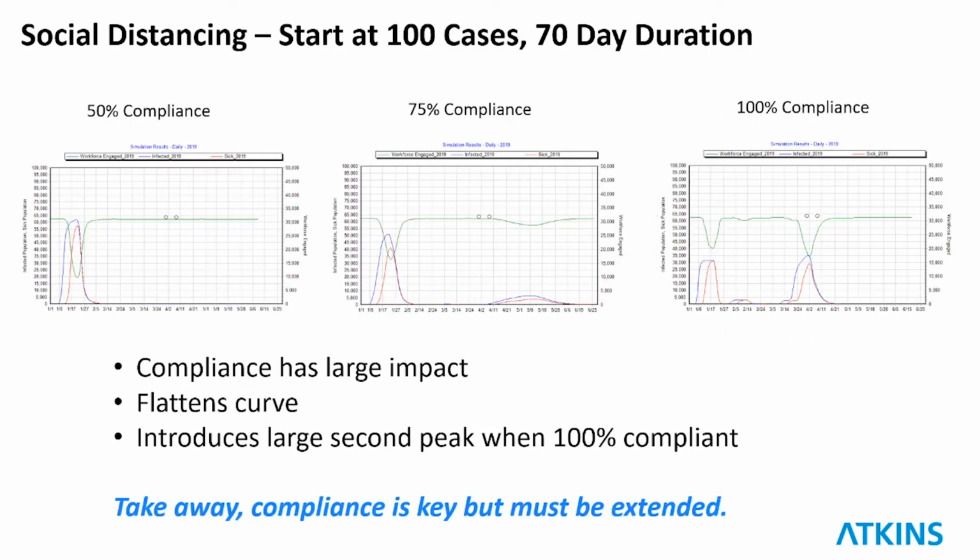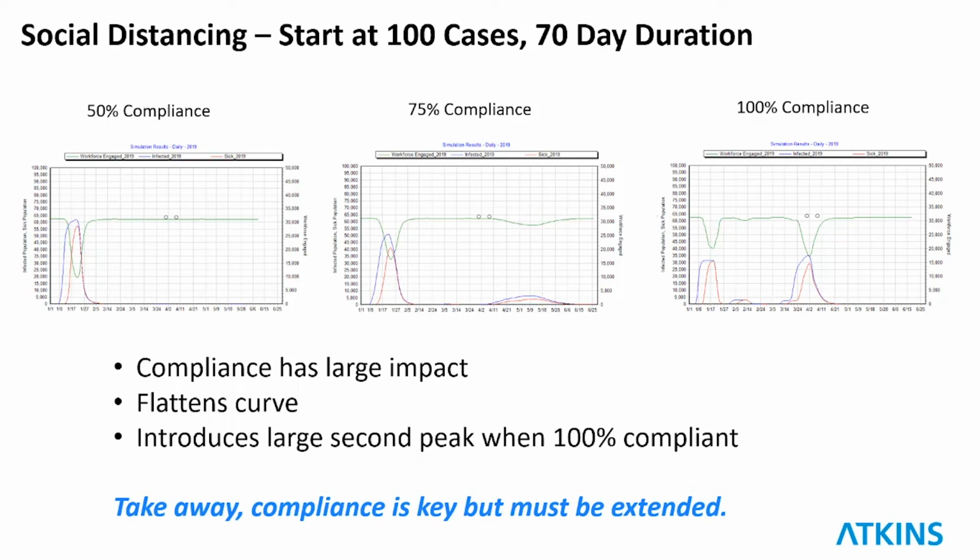We found that compliance was the variable that moved the needle the most in our runs. These charts show that as you move from 50% to 100% compliance, the peak drops from 63,000 cases down to about 35,000 cases. The takeaway here is that if we can get that high level of compliance, it's possible to extend the duration.